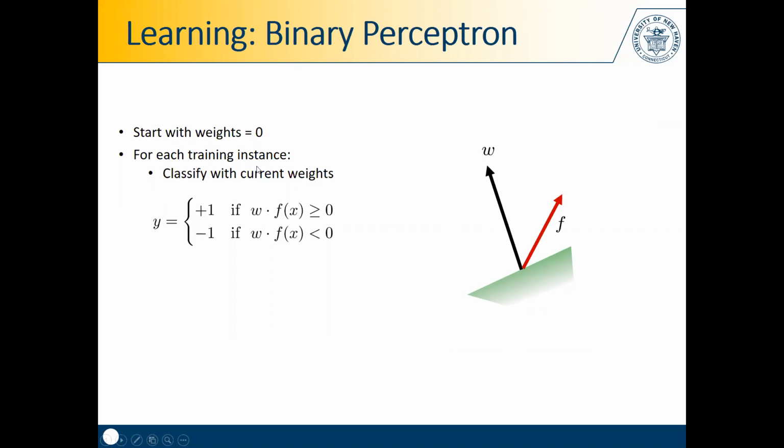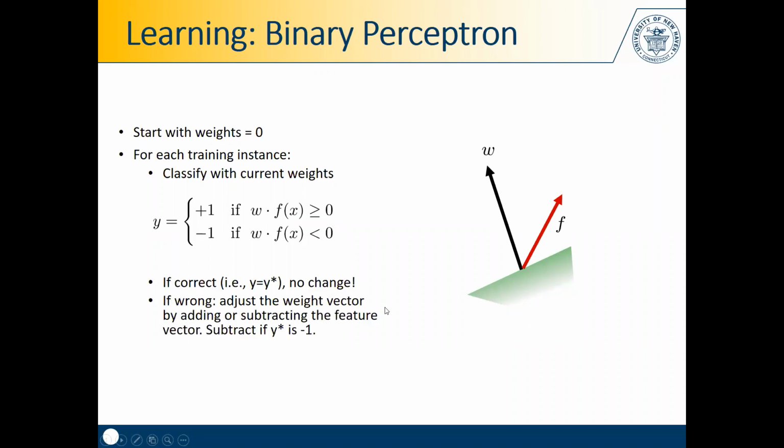For each training instance, we classify with the current weights, and the output of the classification is going to be a y, which is either +1 or -1. It's +1 if the dot product of the weight vector with the feature vector is greater than or equal to 0, and it's -1 if the dot product is less than 0.